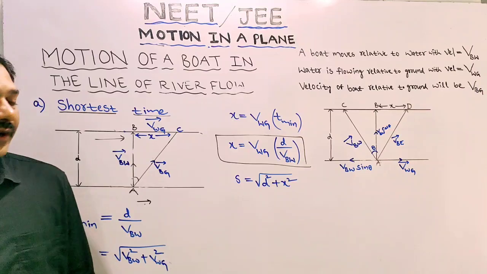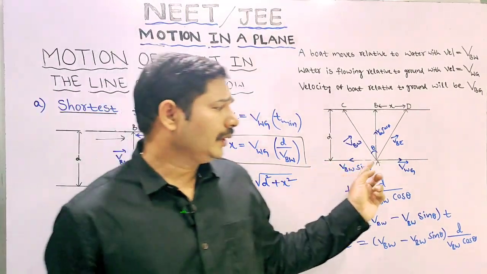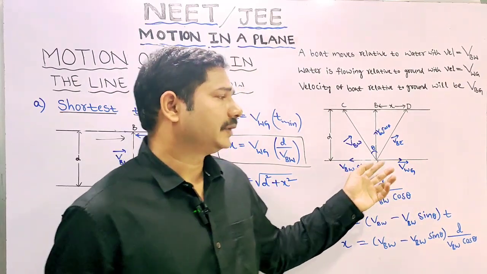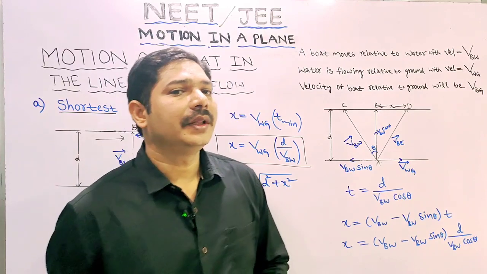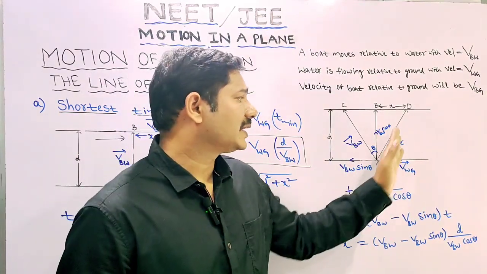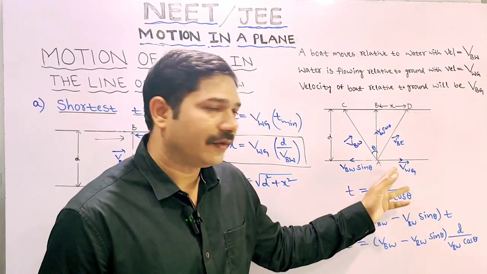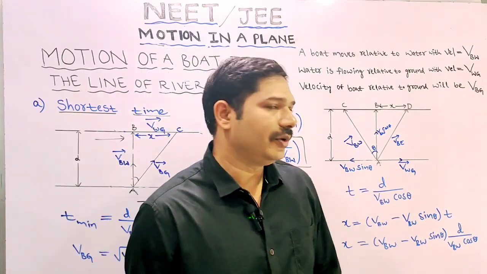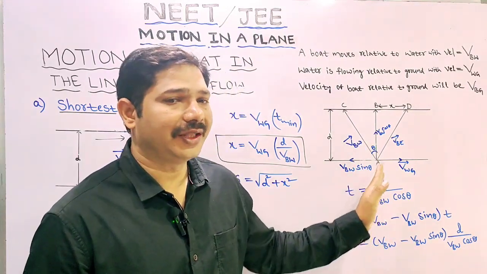Next one we can observe here. The boat started from point A to reach point B. Because of the flow of water with respect to the ground V_WG, he aimed at a certain angle theta with the normal.